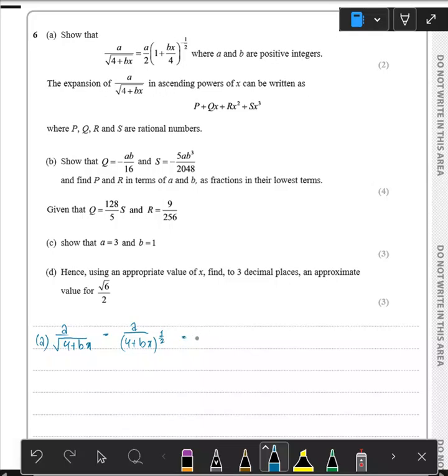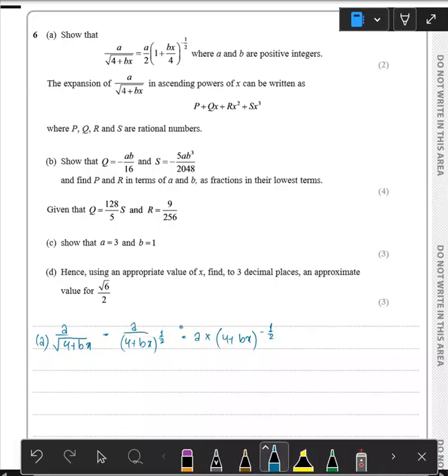So this can also be written as a multiplied by 4 plus bx to the power negative half. Here it was positive, now it will become negative, since I am changing division to multiplication.